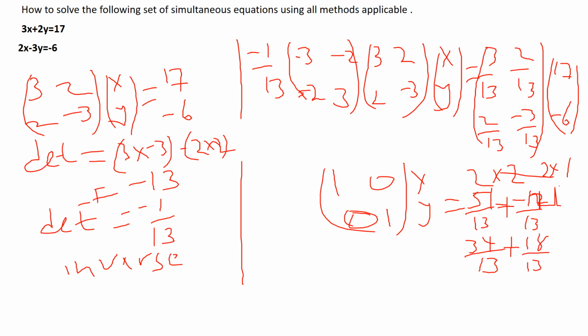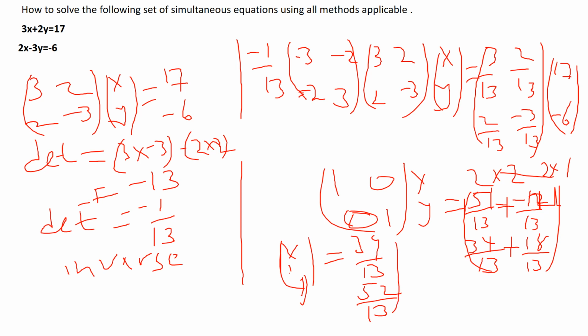So if we add these, our values of x and y become 51 out of 13 minus 12 out of 13, which equals 39 out of 13, and 34 plus 18 equals 52 out of 13.